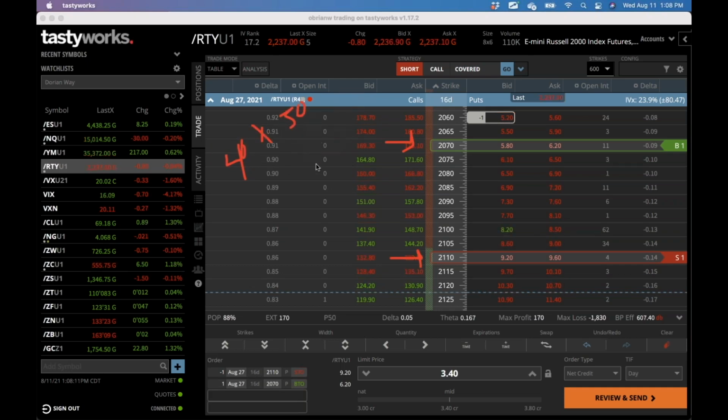Because each point is $50, so that's going to be the 40 times 50. That's going to be $2,000 max loss that you can potentially have on the put side on this, if you were just doing this spread, right?